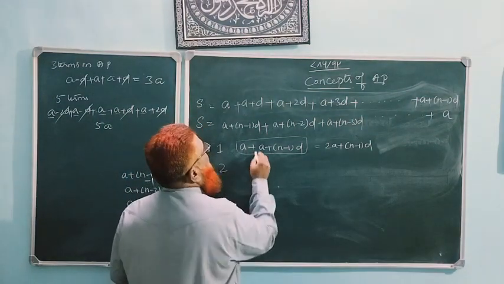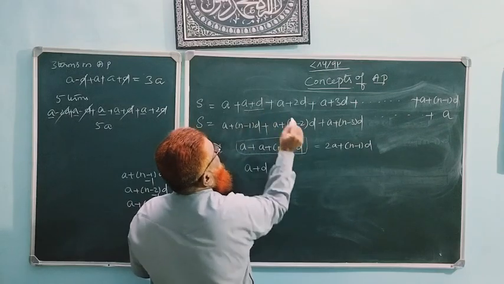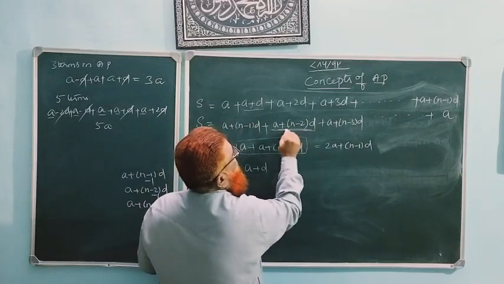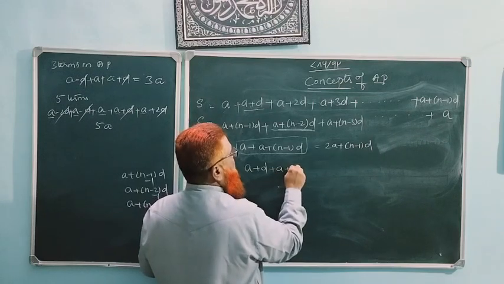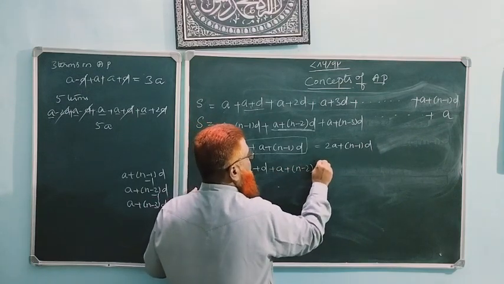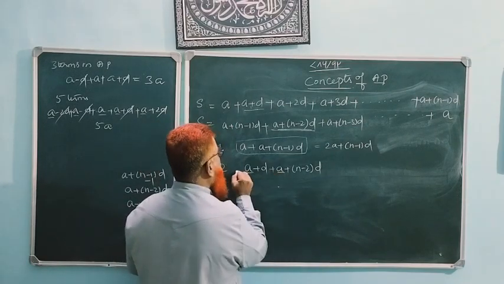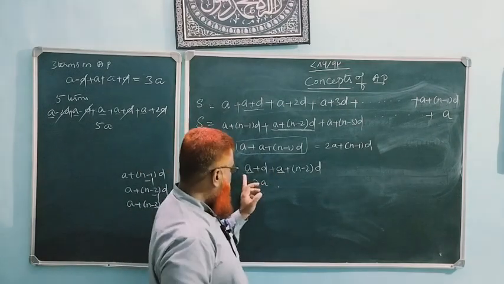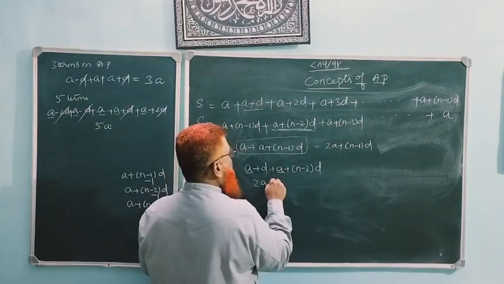The second terms to be added: A plus D, and the second term of the second series, A plus (n minus 2) into D. First you add A and A, which is 2A. Then what do we have?